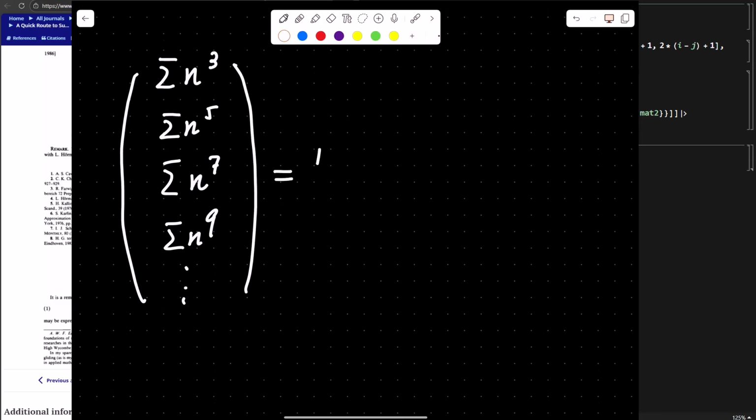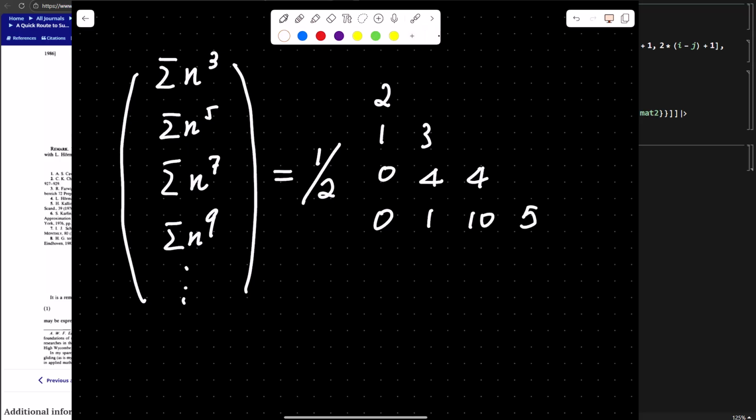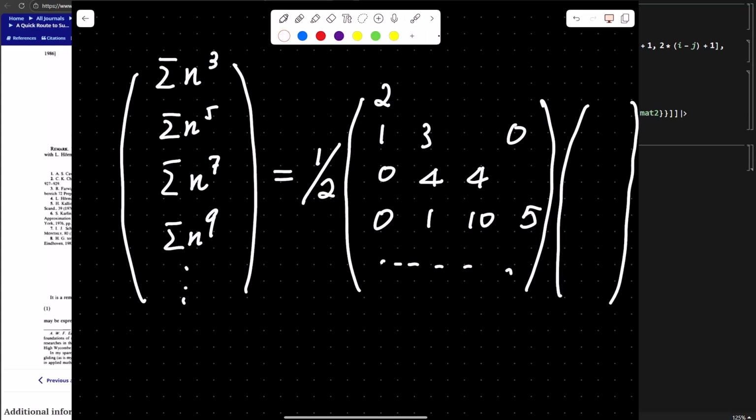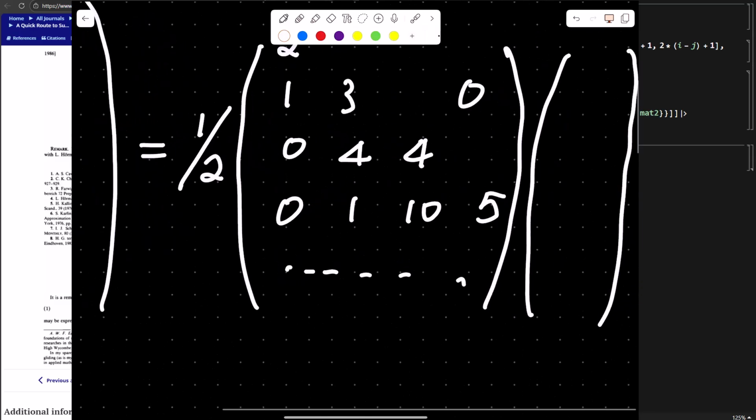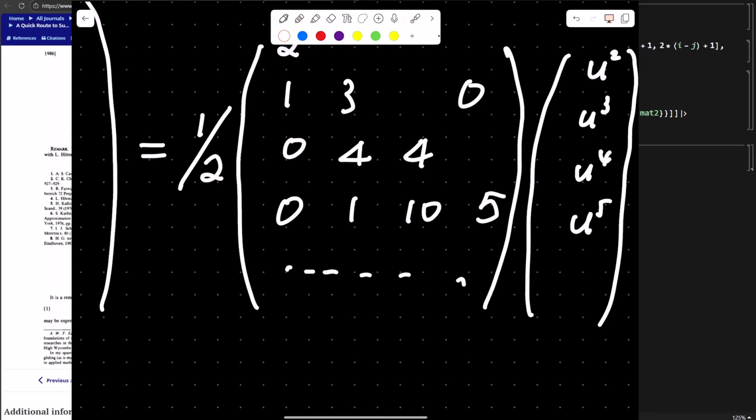It equals 1/2 times a matrix with rows 2, 1, 0, 0; 3, 4, 4, 1; 10, 5, and so on, and we have zeros here, times the vector u squared, u cubed, u fourth, and u fifth, and this is minus 1.